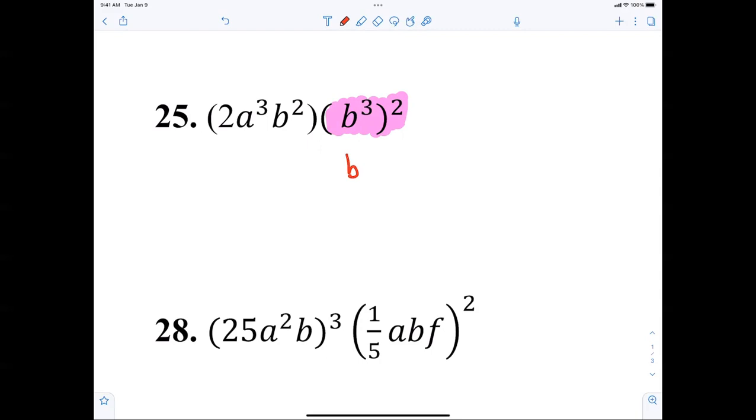Power to power, what do you do? Multiply. So we would have B to the what? Yes, B to the 6th. I like to multiply it out. Avery, it doesn't matter what you think, it matters what the answer is.